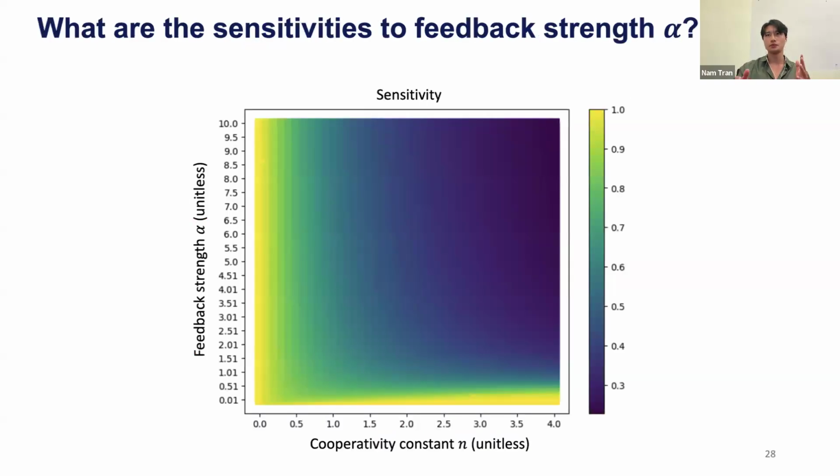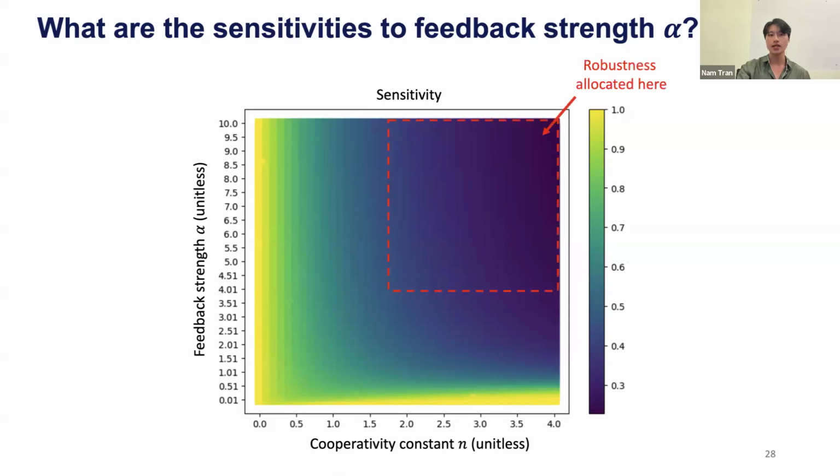If you look at this plot, this is how sensitive that red dot from before was to the feedback strength alpha. On the vertical axis I have alpha, and on the horizontal axis I have the cooperativity constant n. In the middle is a heat map, and the brighter it is, the more sensitive, the darker it is, the more robust.